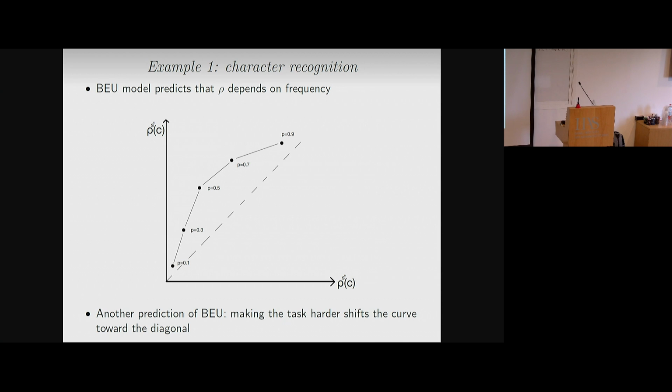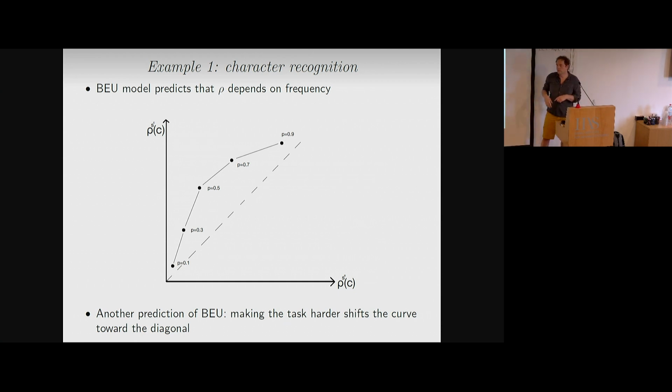The higher the probability of C, the higher are both of these probabilities. And also, the harder the task is, the closer this curve is to the diagonal. The diagonal is making a very uninformed choice. A perfect choice would be here.